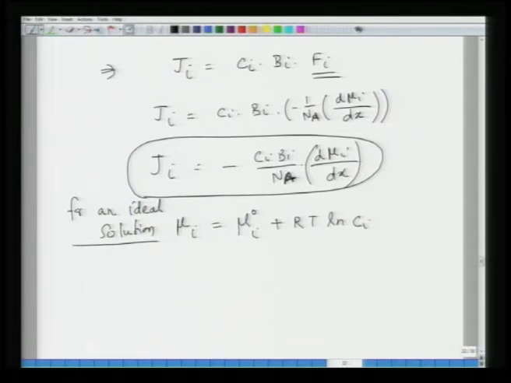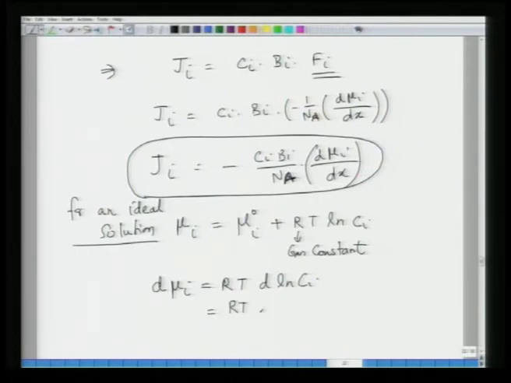So this R is your gas constant. We have defined this R for the first time; so far we have been dealing with k. So, the change in the chemical potential can be written as d mu i; since mu i naught is for a standard state, d mu i naught will become equal to 0, and this will become equal to RT d ln Ci.